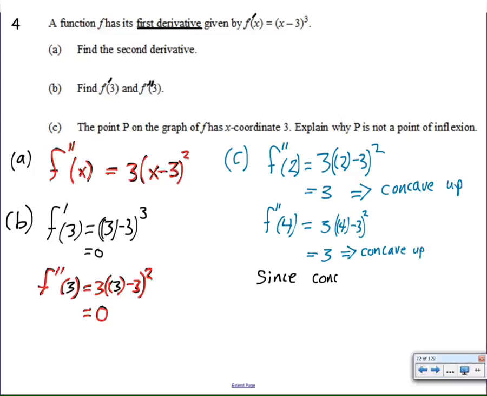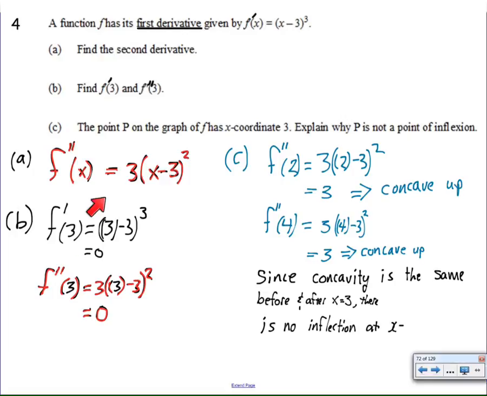Since 4 is greater than 3, we find in the second derivative that it's also concave up. Since the concavity does not change on either side of x equals 3, then we do not have inflection when x equals 3. So this is a warning from the authors of this problem that just because the second derivative equals 0, that does not guarantee you have inflection. And this is the example that they're using to illustrate that fact.